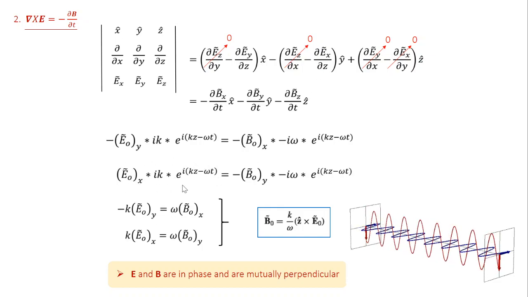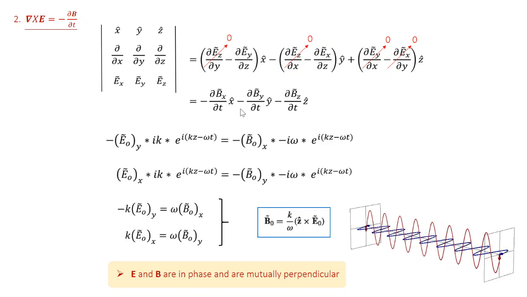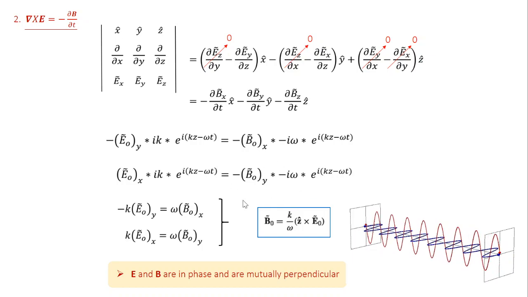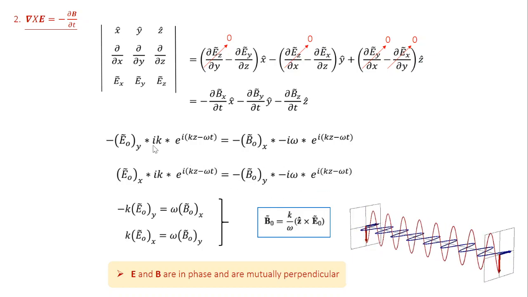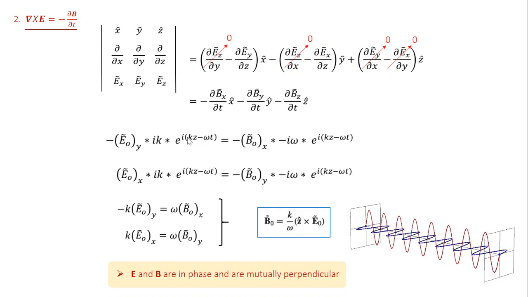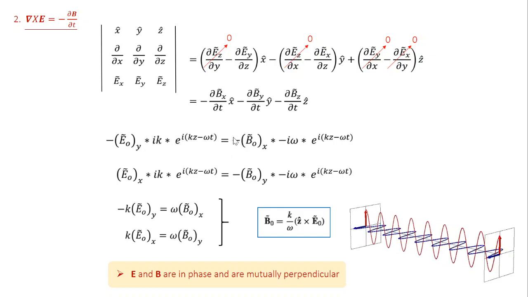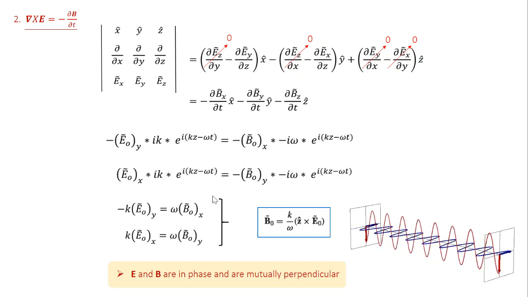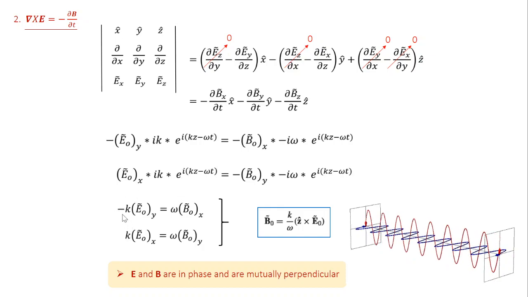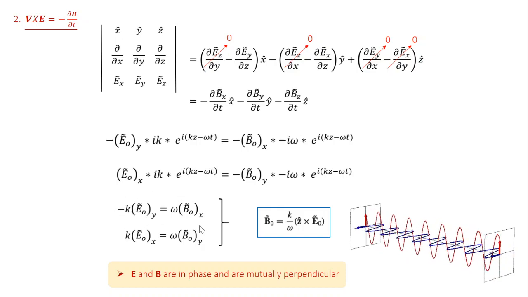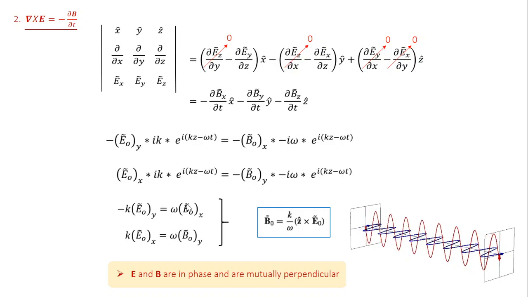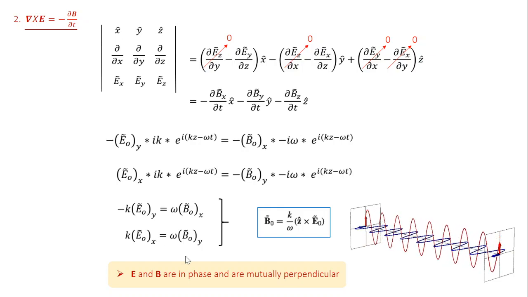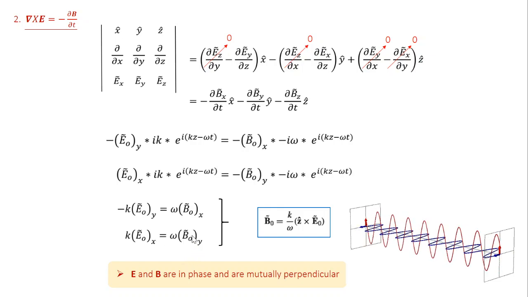Expand that, you get this term here. Similarly, on the right hand side I have minus ∂By complex/∂t, which is this term. Okay. So I have some common terms here. The i term is common on either side, exponential term is common, so you cancel all the common terms. The first equation gets simplified as minus k E naught y complex equal to ω B naught x complex. Similarly, the second equation gets simplified as k E naught x complex equal to ω B naught y complex.